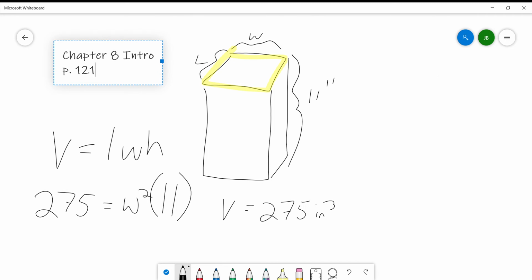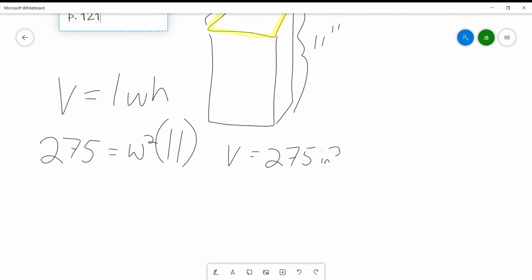So pause the video. Well, I guess the answers are right there in your book. So follow along. We're going to divide both sides by 11 so that we have the width squared by itself. 275 divided by 11 is 25.